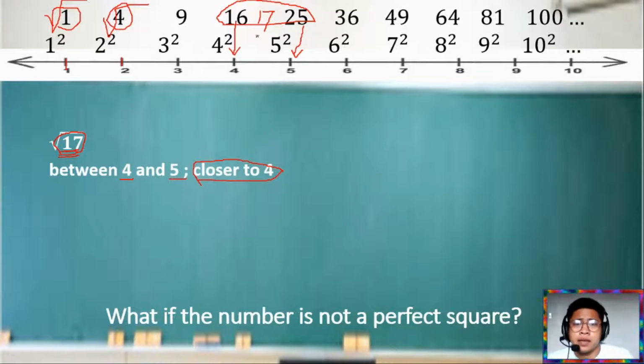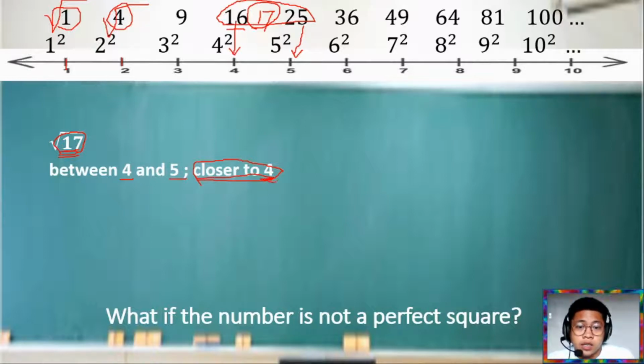Paano ko po nasabi? Imagine, we are looking for the square root of 17. 17 is the number next to 16. Si 17, kasunod lang ng 16. Kaya nasabi ko na si 17 or yung square root ng 17 is closer to 4.